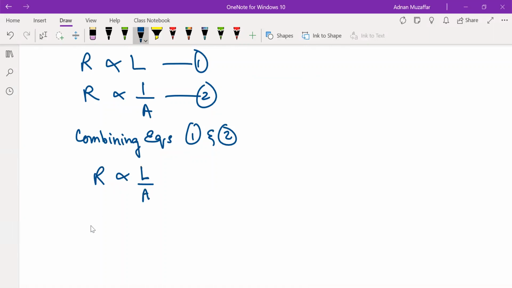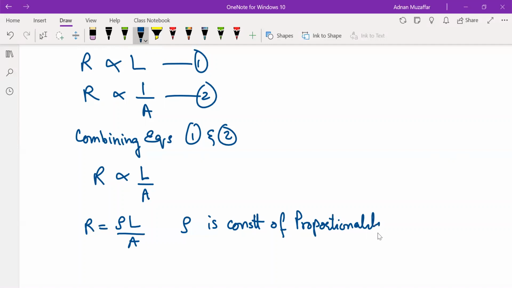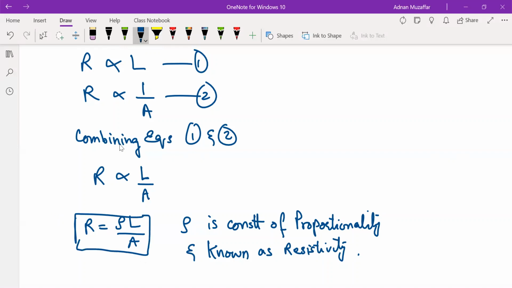Whenever we omit this proportionality sign, we need to introduce a constant, and here this constant, rho, is the constant of proportionality, known as resistivity. The rest of the things we have already done: the explanation about resistivity and everything, its units even. So it involves only 2 steps, you can see. And if they ask you to derive it, please do these steps. Okay.